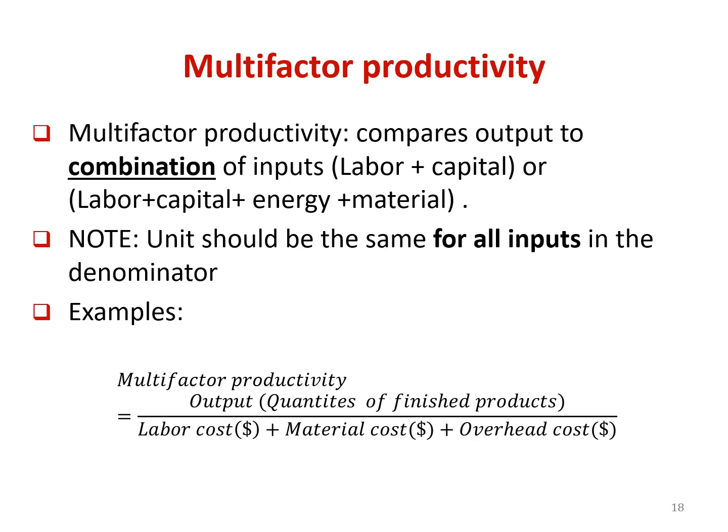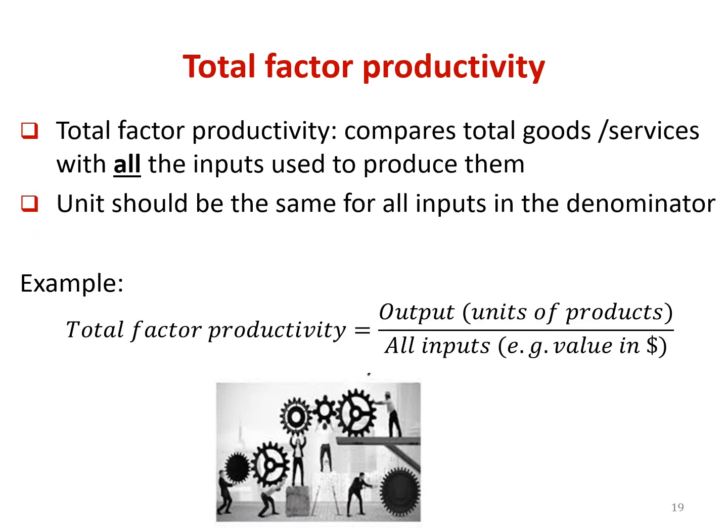And the last one for productivity is the calculation of total factor productivity. Total factor productivity compares the total finished product, the total goods and services, with all the inputs used to produce them. Again, the unit should be the same for all inputs in the denominator.